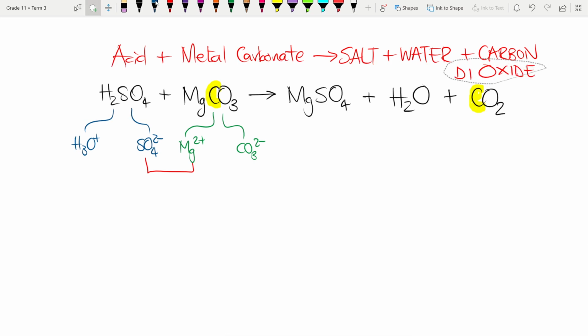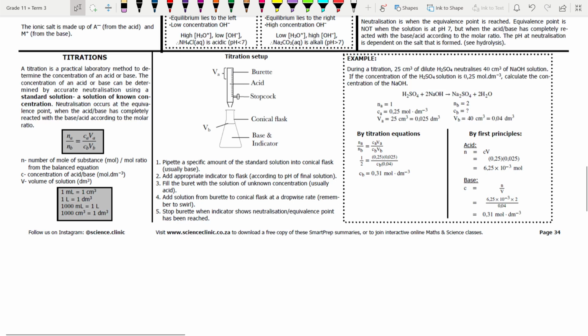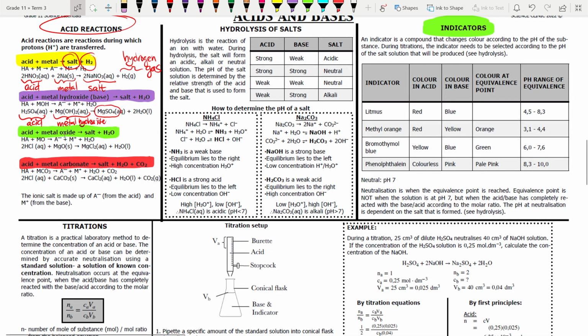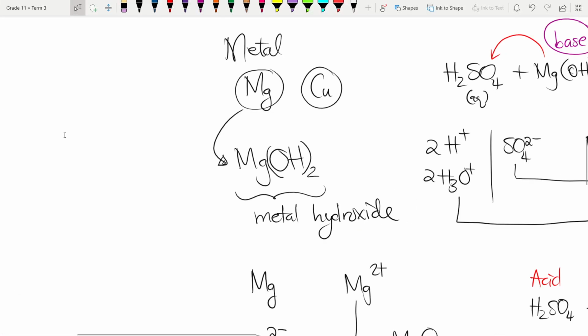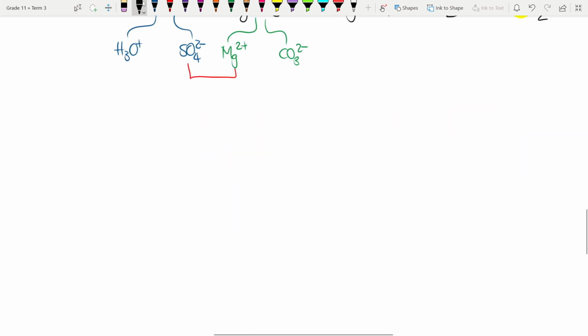So that is it for the reactions that you need to learn for acids and salts, or acids and metal oxide or whatever. I think they are missing acid and base, but it is the same.